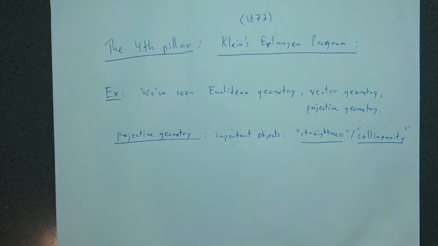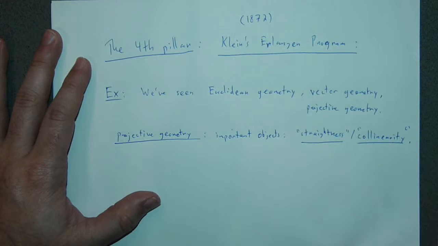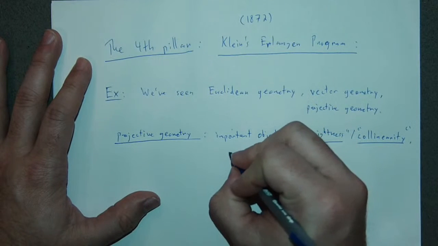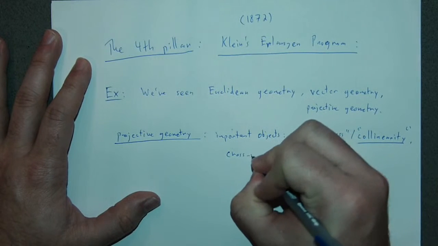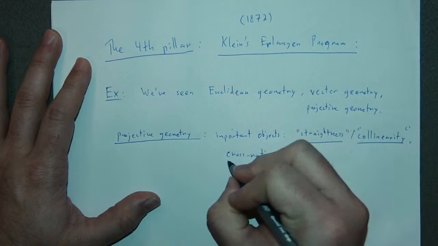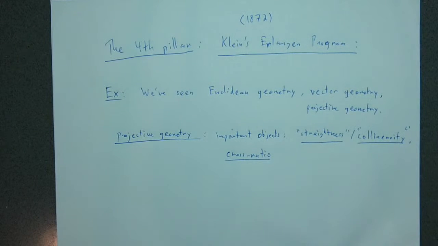Of course, we also saw that we were able to figure out some other objects that were important because they preserved these things. Now, we had other quantities coming out of projective geometry, namely the cross ratio, right, on RP1. So cross ratio was another important thing in projective geometry.